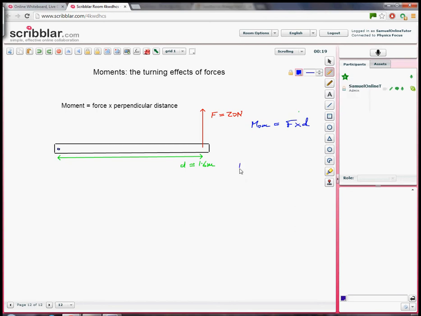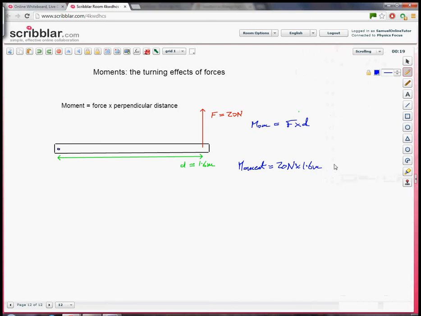In that case, the moment is simply 20 newtons times 1.6 meters equals 32. 32 what unit? Well, we're taking newtons and multiplying by meters. So this is one of the situations where physics really does make sense. It's not particularly imaginative here. The units of moments are Newton meters. And that really is all there is to it for a simple situation like that.